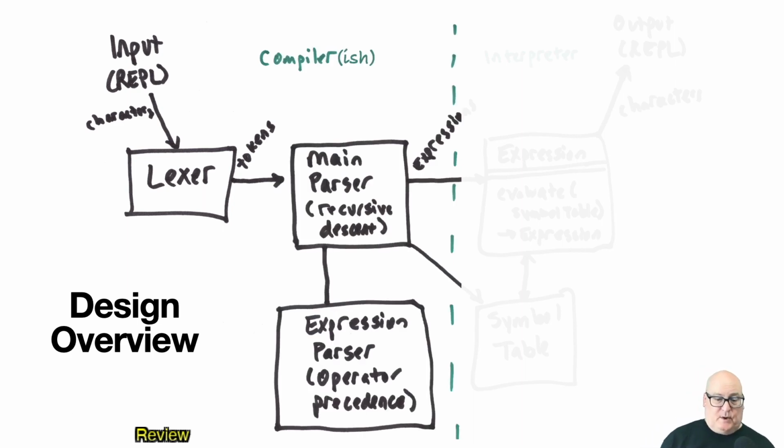Then we get into the parsing side, and this is all kind of compiler-ish. The main parser we talked about is recursive descent, so things like if and definitions are done in the main parser. And for expressions, the main parser just gathers them. So that was the operator expression, expressions, and expression methods.